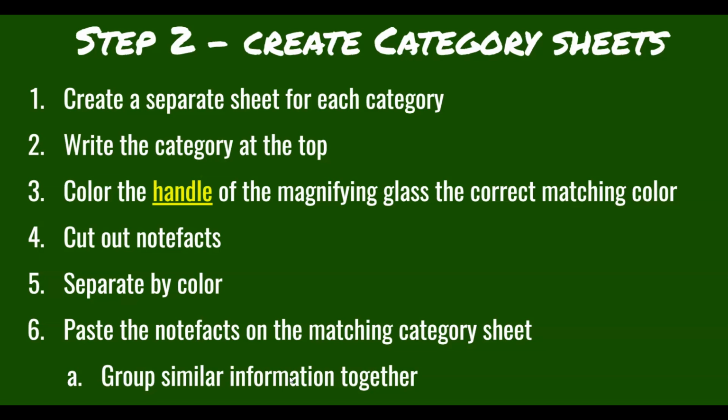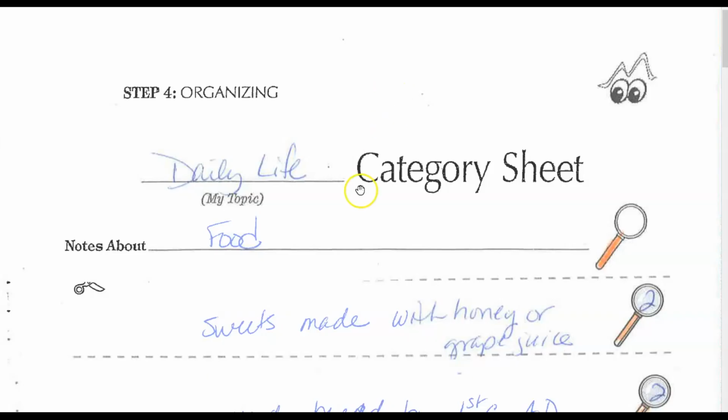And so you're going to kind of organize them so you have similar information within the category together. And then you're literally going to paste them. You're going to glue them onto the category sheet in your packet. Okay, if you have more than fit on the front, you can go onto the back side. Okay, so here is some completed Notefacts sheet from a different project that we did several years ago before COVID.